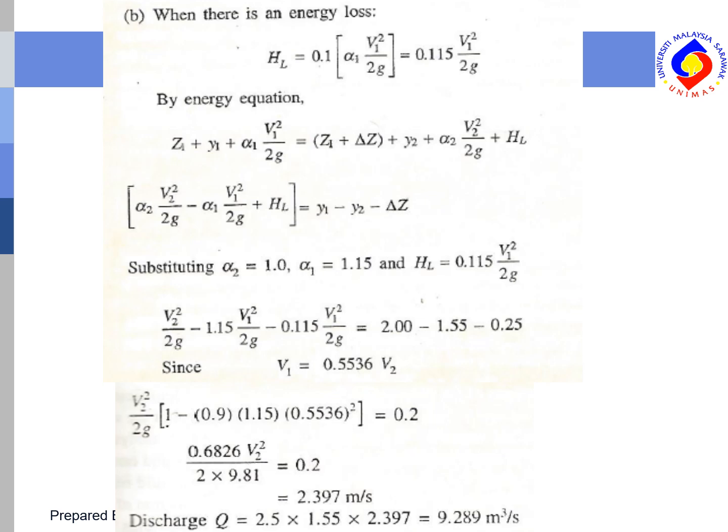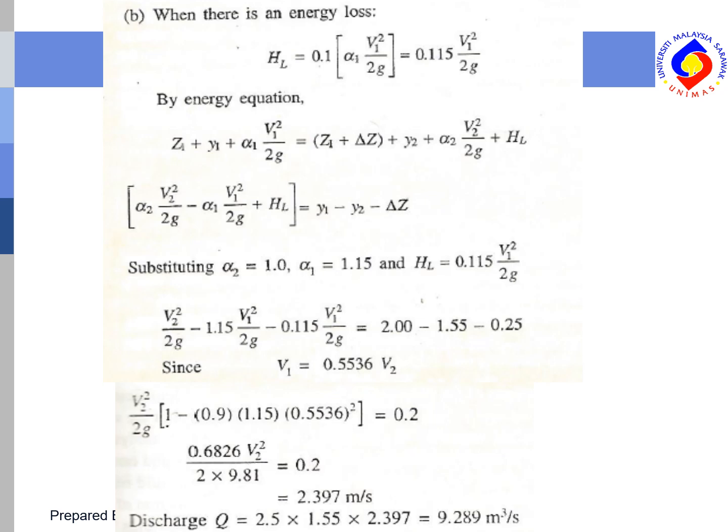As for the second condition, when there is an energy loss, given in the question, the energy loss is 1/10 of the velocity head upstream. So HL is equal to 0.1 alpha 1 V1 squared over 2G, which will give you 0.115 V1 squared over 2G.